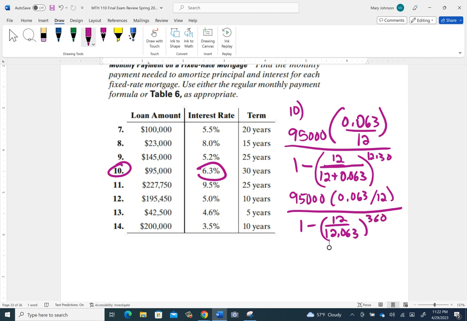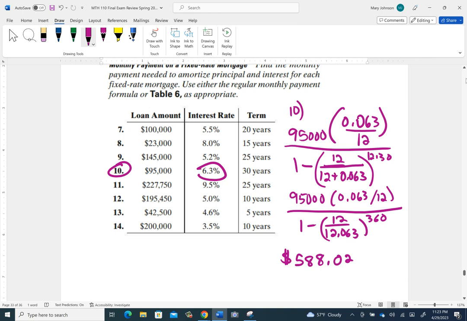You really need to try to enter that and see if you get what you're supposed to get. Okay, and I'm getting $588.02 when I type that in. That was 6.3% for 30 years.